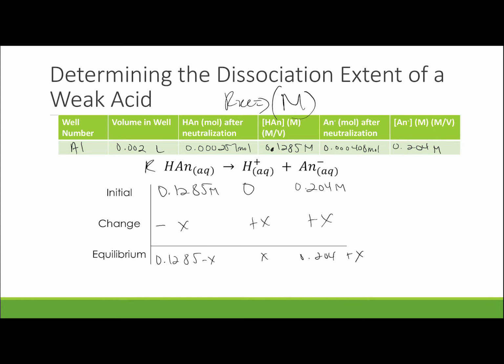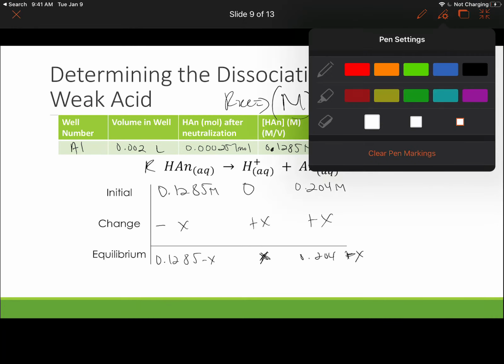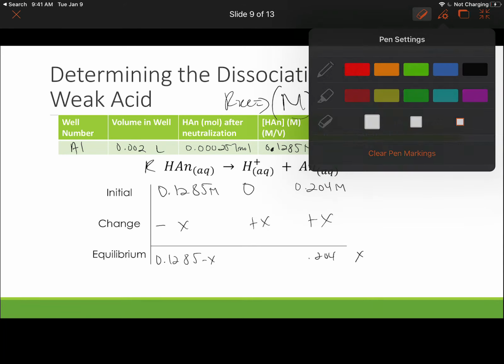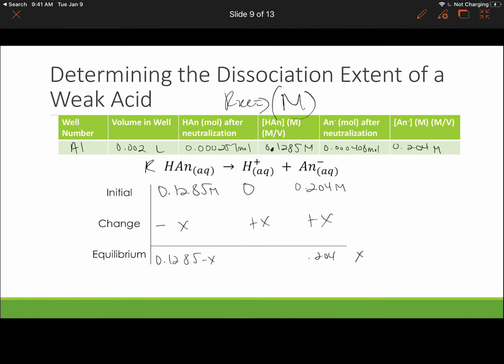After we've done this, since we do not have our dissociation constant, we need to use our pH in order to solve for this, and then we will know what our x value is.